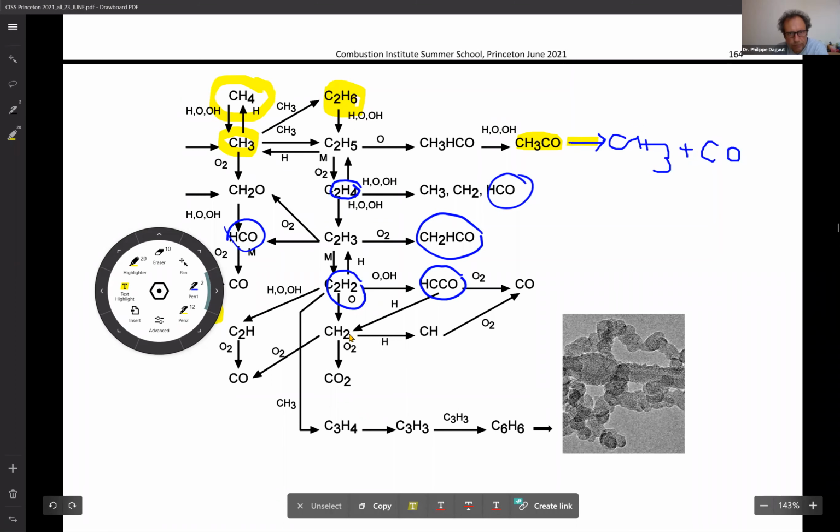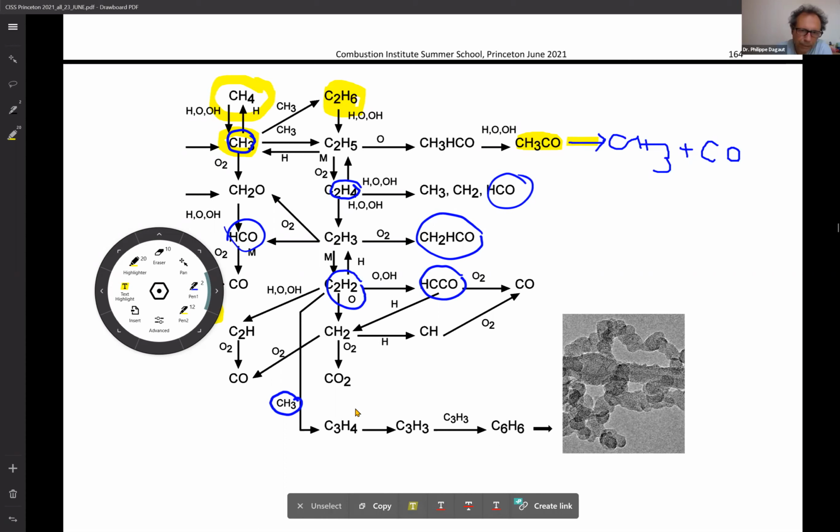CH2 can also produce CH by H-atom abstraction, and CH can react with O2 to form CO. There is another channel because of the importance of methyl radicals. And methyl radicals, I didn't mention that, are not very reactive radicals. If they react with acetylene, they can produce C3 species like methylacetylene.